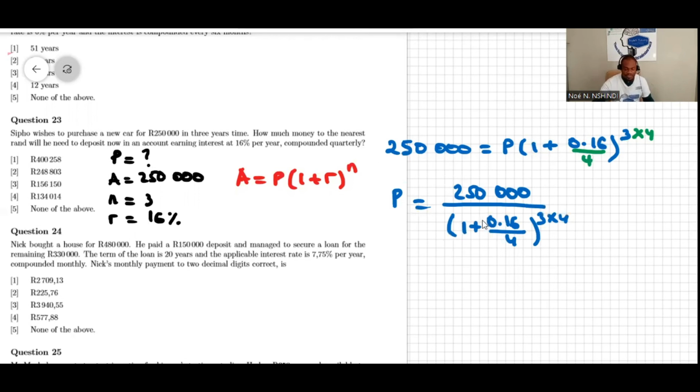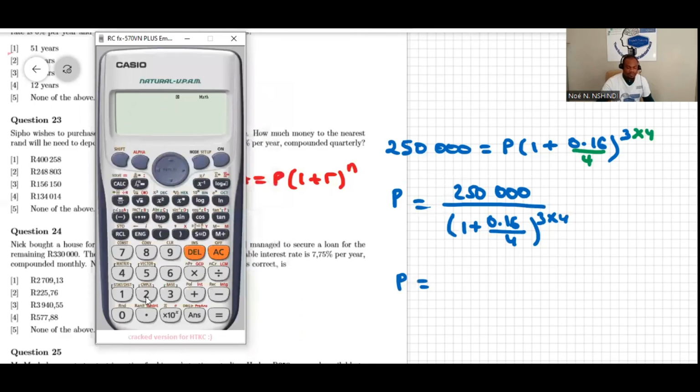So P will be equal to 250,000 over open bracket 1 plus 0.16 over 4, close bracket, to the power of 3 times 4.